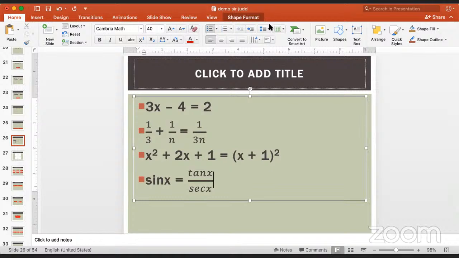And then, pag po pinag-multiply po natin siya, maka-cancel po yung cosine x po. So, sin x times 1 po will be equal to sin x po. So, identity po.